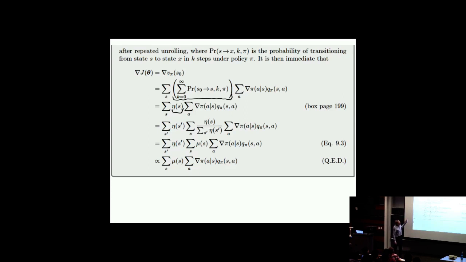So eta here just means basically the relative frequency of different states S, if we follow our policy all the way through till we get absorbed in the goal state. So that, and then times this other quantity that we already had. Here we're doing a little trickiness by multiplying and dividing by the same quantity.